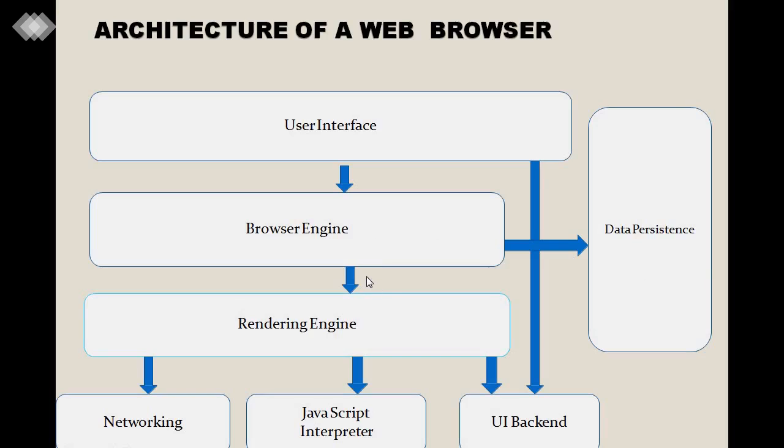Then the browser engine is related with rendering engine, and the rendering engine is related with networking, JavaScript interpreter and UI backend. So in this architecture we can see how user interface directly interacts with UI backend also. So it is the architecture of a web browser, how they interact with each other.